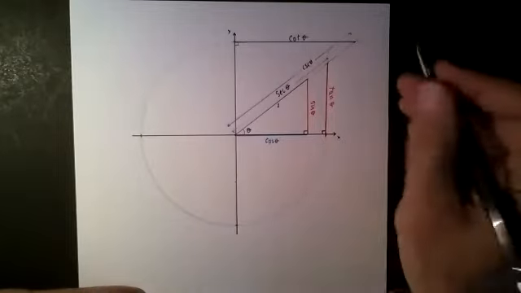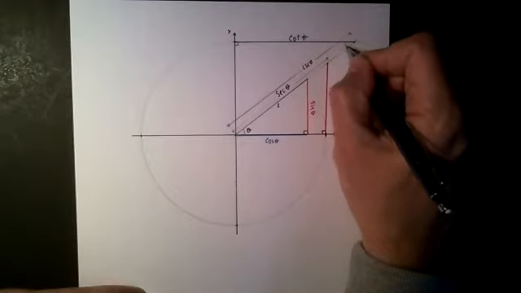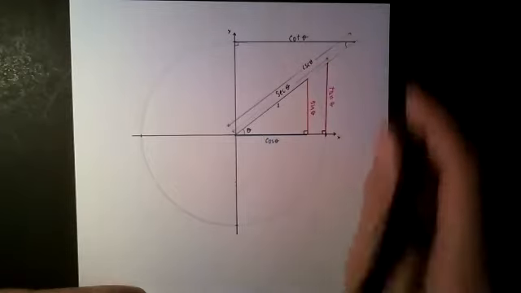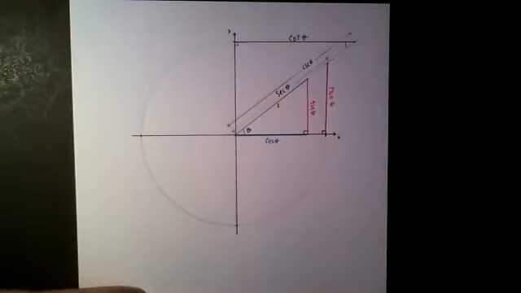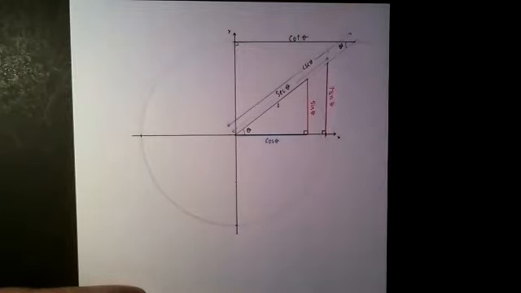Another piece of information that we could deduce from here is this angle. What's this angle? Theta. It's the angle that is theta. Why is that? Why is this theta?